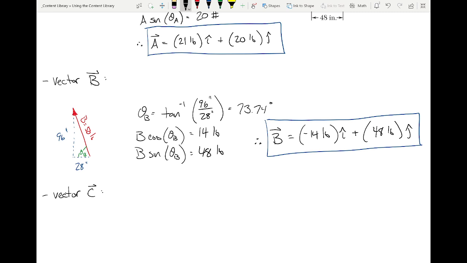You got something? Yeah, what you got? 24I minus 45J. 24I minus 45J. Anybody else get that? Somebody else got that? That's good because that's right.